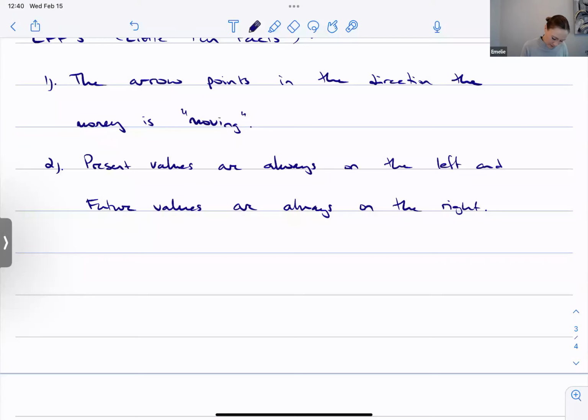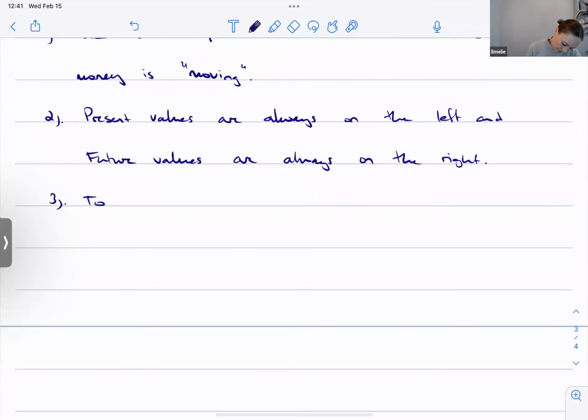The third one: in order to have a complete timeline, you need to have all the components for using that future value formula in there somewhere. That's why we just put the R down somewhere.